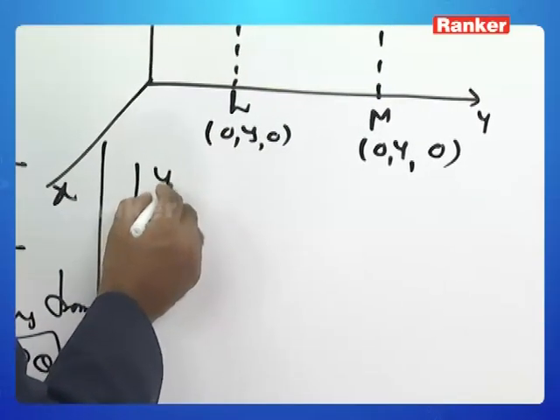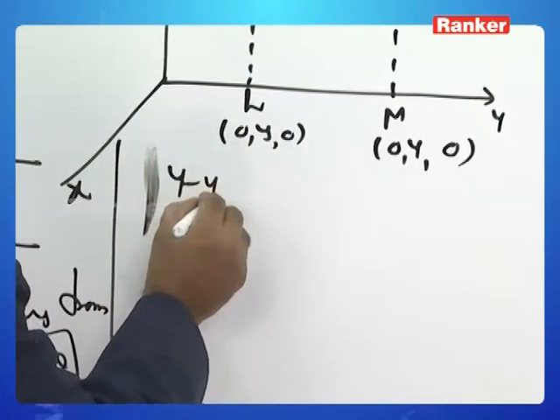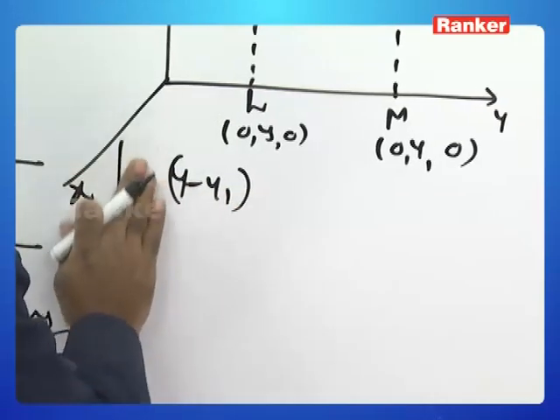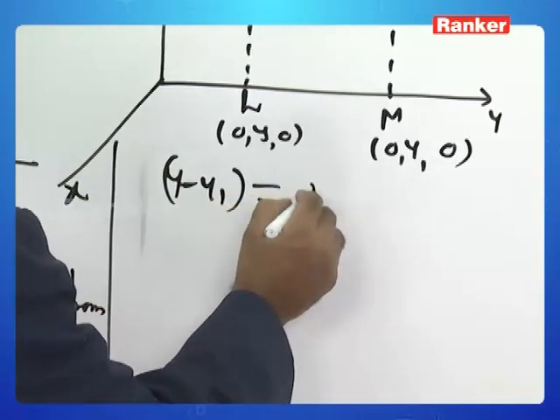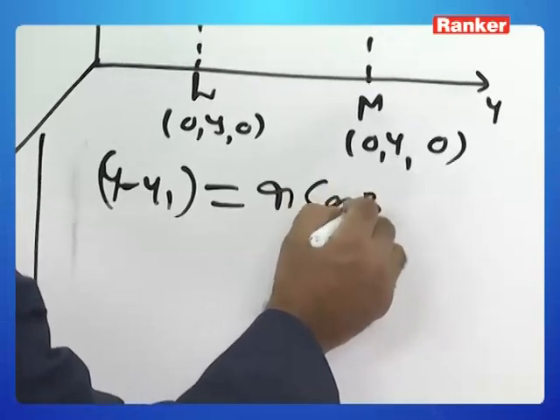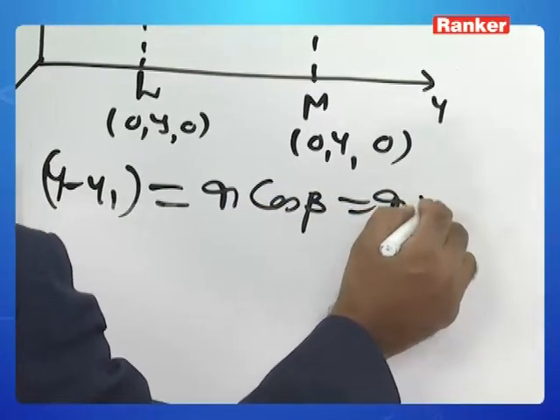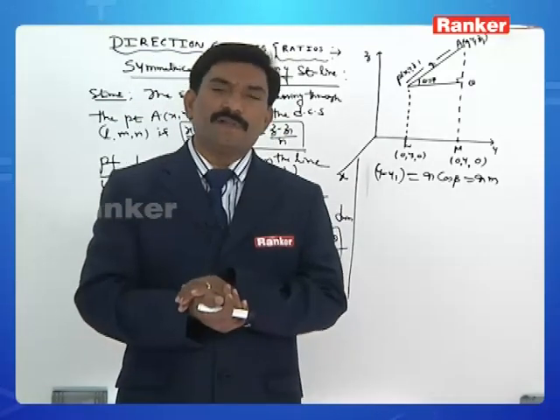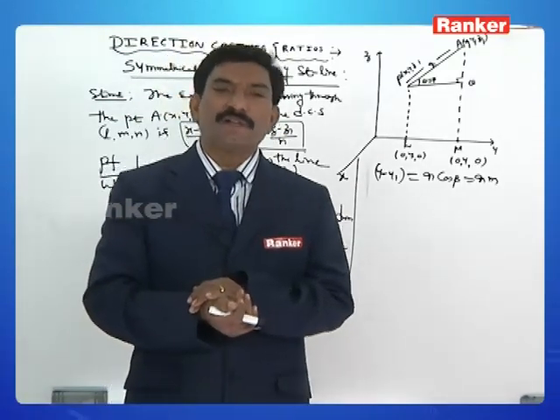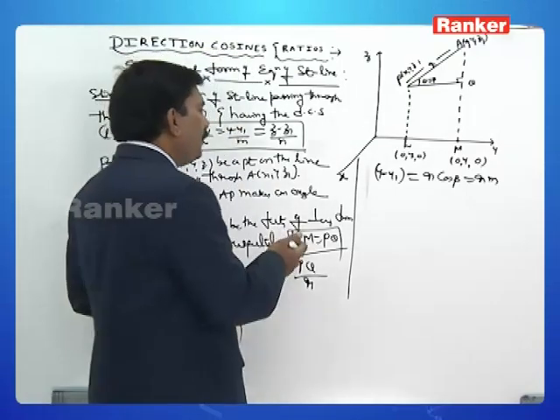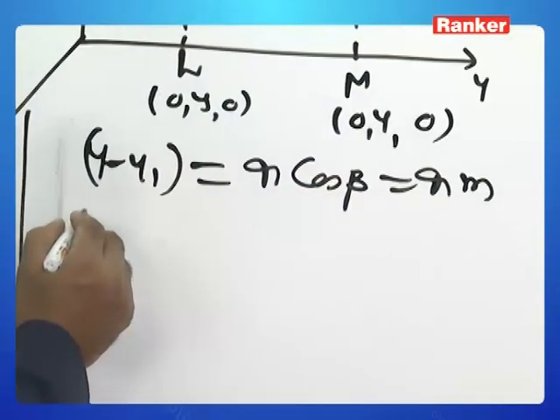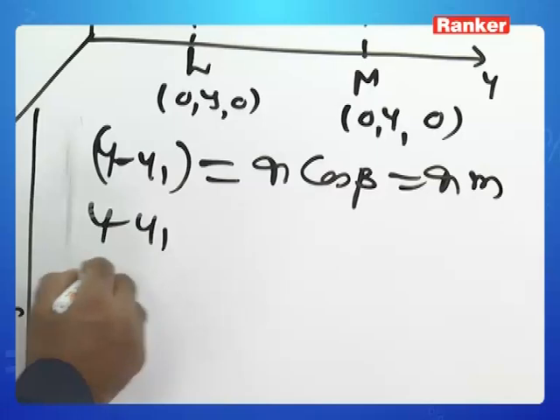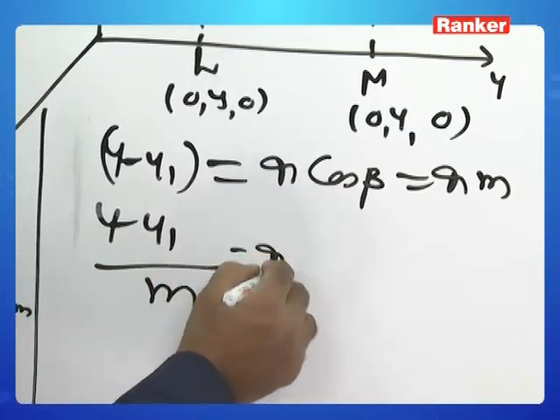I can write that y minus y1 is equal to R into cos beta, which is the same as R into M. M means L is equal to cos alpha, M is equal to cos beta, N is equal to cos gamma. So therefore, now I can write y minus y1 by M is equal to R.